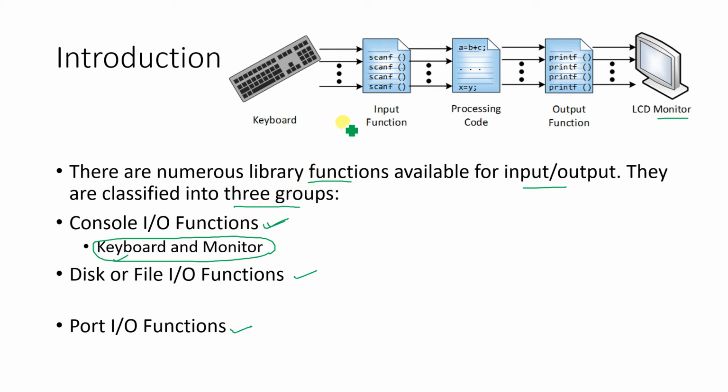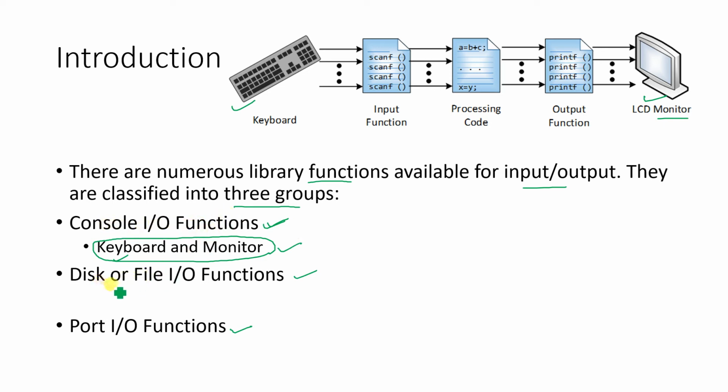We already know two console functions, scanf and printf. Scanf takes the input from the keyboard and printf produces the output on the monitor. So any function that takes input from the console, that is the keyboard, and produces output on the monitor comes under the console input output functions.